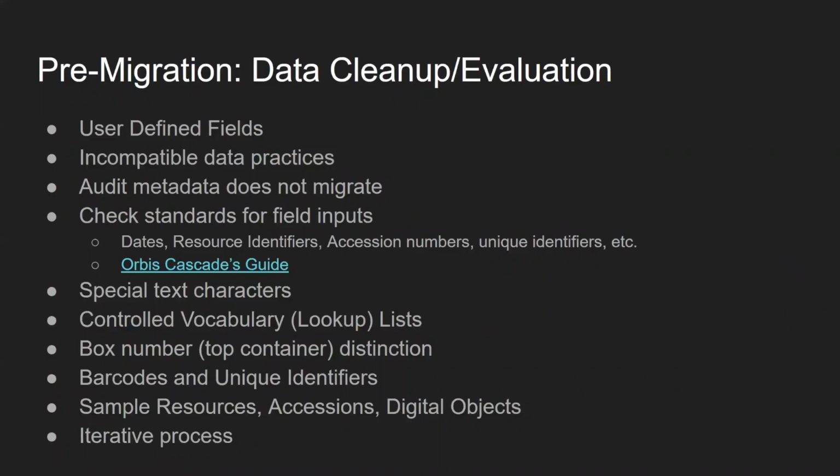If you're using special text characters like umlauts, accents, trailing white spaces, and others, this is a great candidate for MySQL automated jobs. So if you're interested in this, again, see Orbis Cascades Guide.